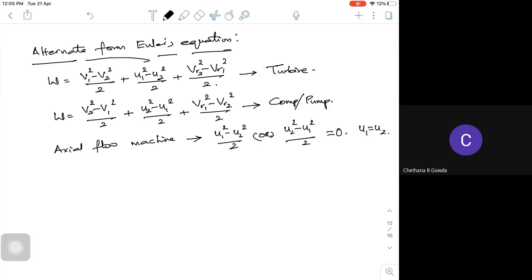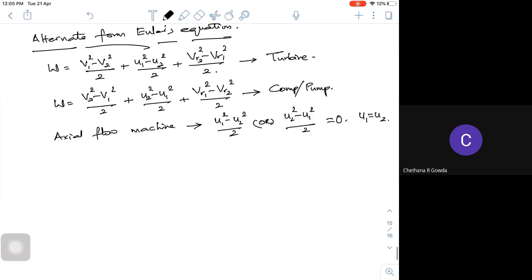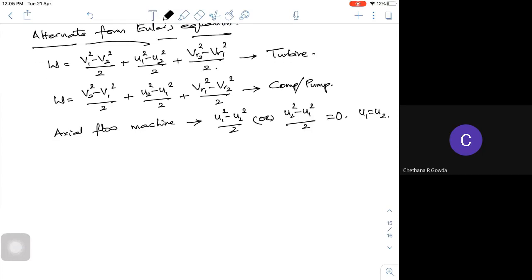Then U1 square minus U2 square by 2 or U2 square minus U1 square by 2 is called the centrifugal effect, which is based on the fluid movement from one radius to another: from inner radius to outer radius in case of a compressor or a pump, or from outer radius to inner radius in case of a turbine.